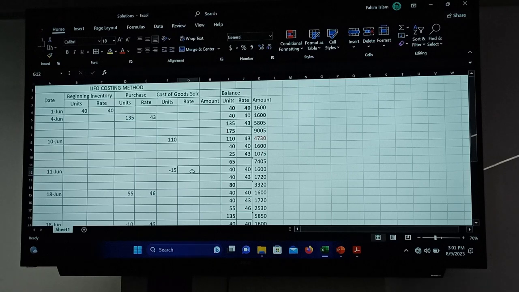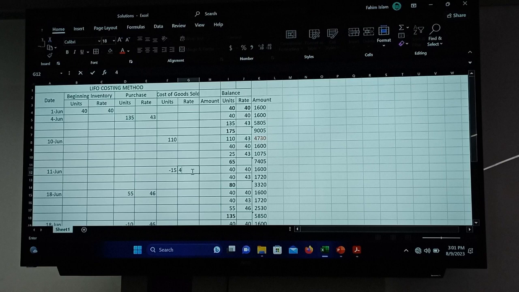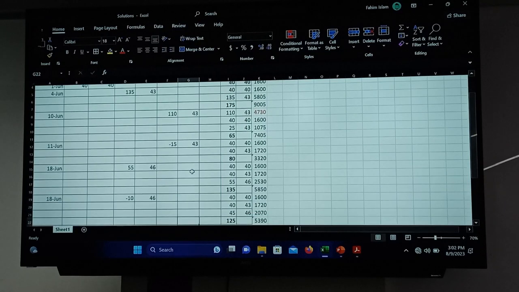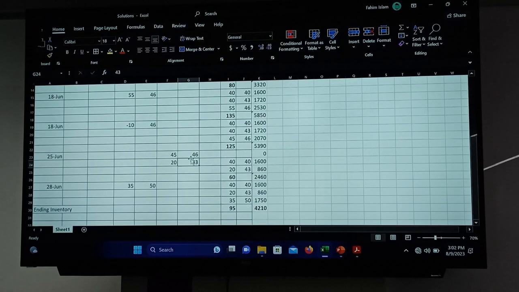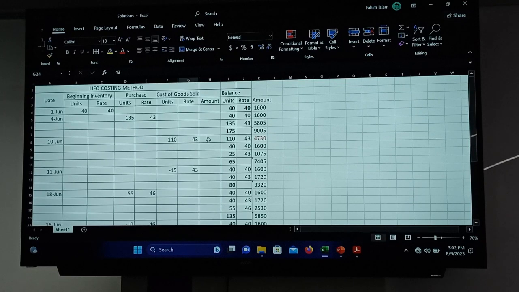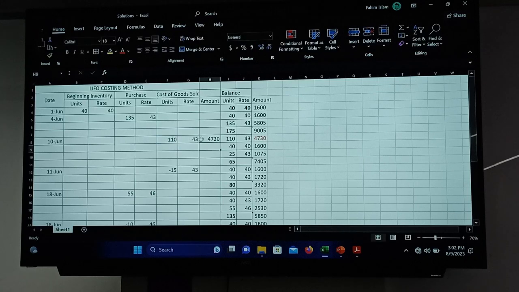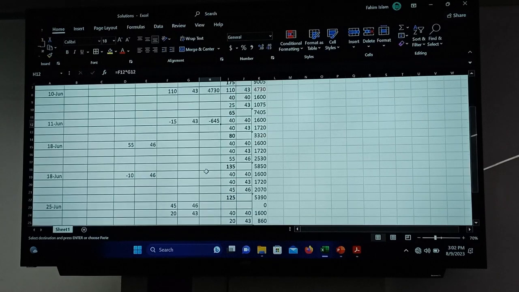Sorry, the rate will be 43 because of last in, first out, and 110 will be at 43. And yes, we will account for that. So we can easily put formulas or multiply with calculators and paste.